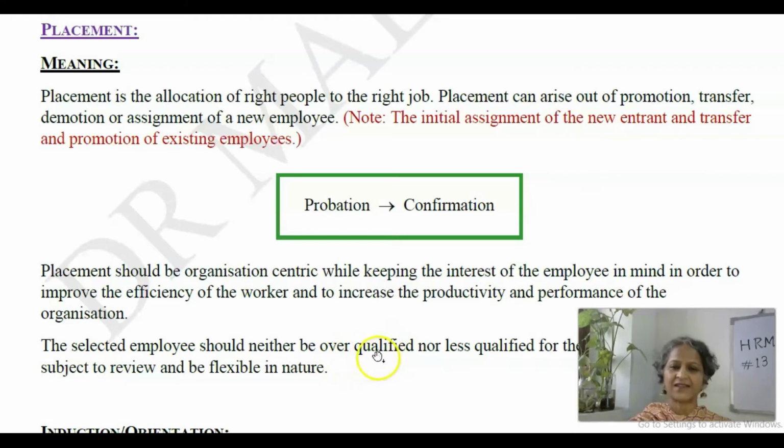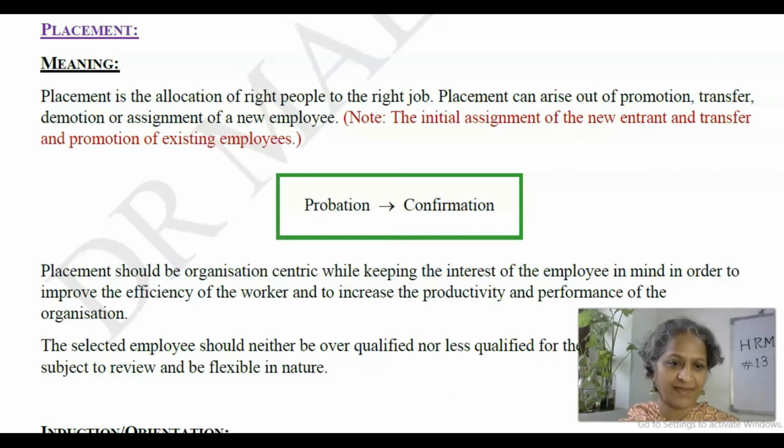So there will be dissatisfaction and there will be lack of performance on his or her part. And if the person is less qualified, then again there will be a problem. If the person is less qualified for the job for which he or she is assigned to work, then definitely the performance will not be up to the mark. The person will definitely hesitate to perform and there will be deficiency in the performance. So the placement should be proper.